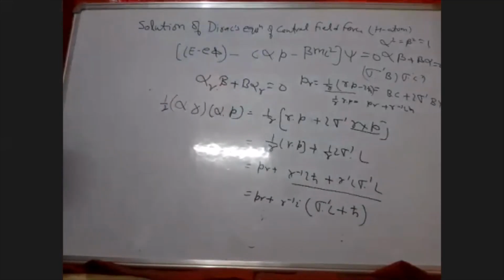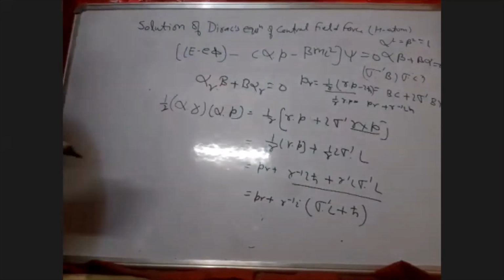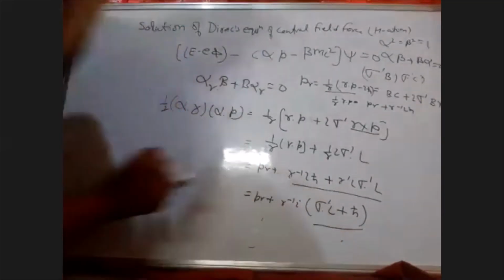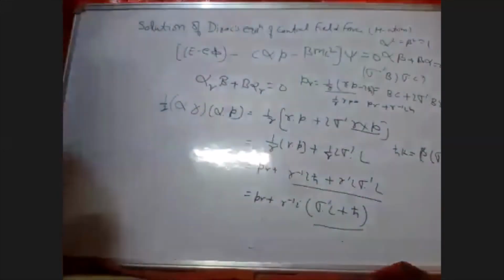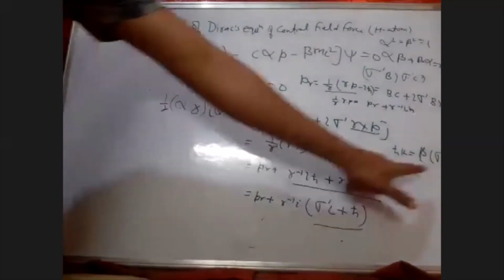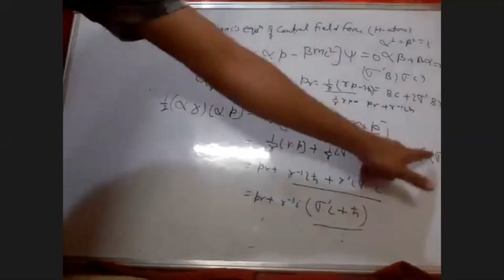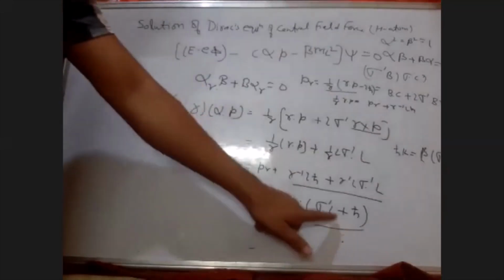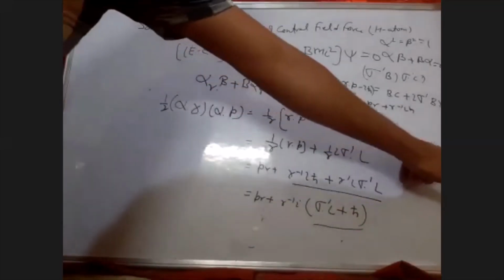If we look at this expression and our new k, h cross k was equal to beta sigma dot L plus h cross. So we can put the value of sigma dot L plus h cross.